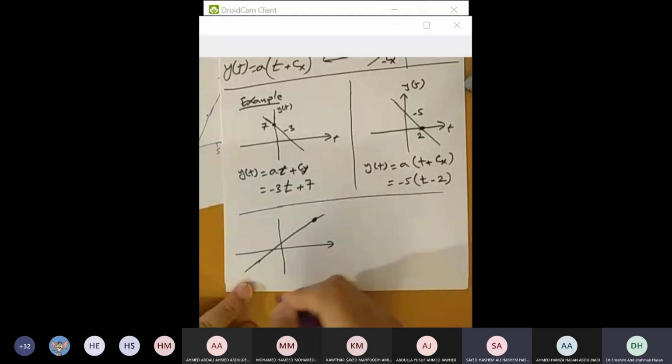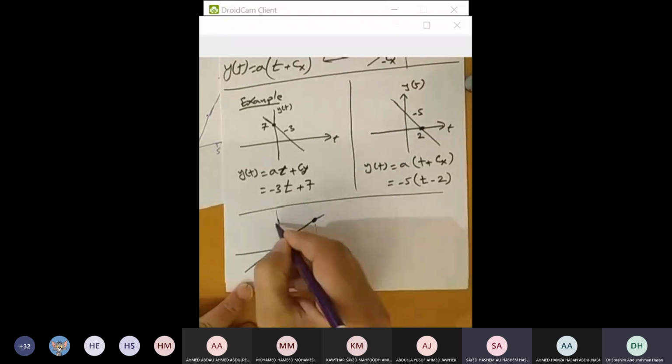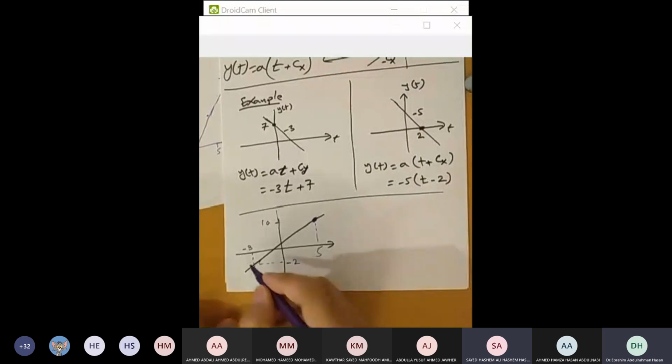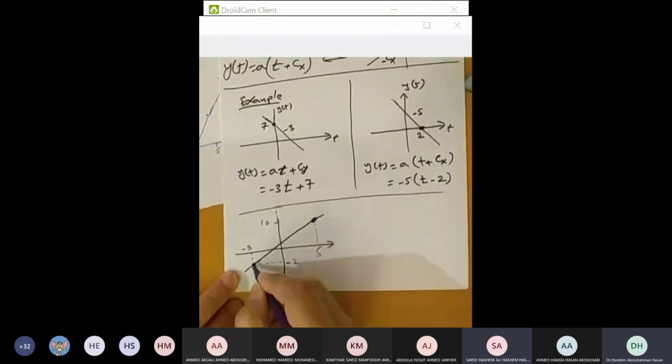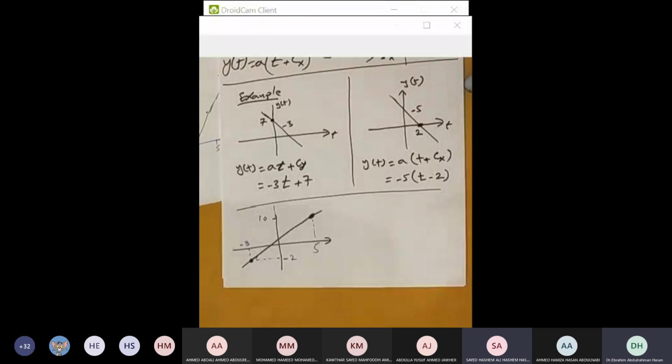One point which is here, at 5, and this is equal to 10, and another point which is here at -3, and this is equal to -2. So from these two points, you can find the y-intercept, the x-intercept, the slope, whatever you want, and you can apply one of these formulas, or go for the general formula directly.